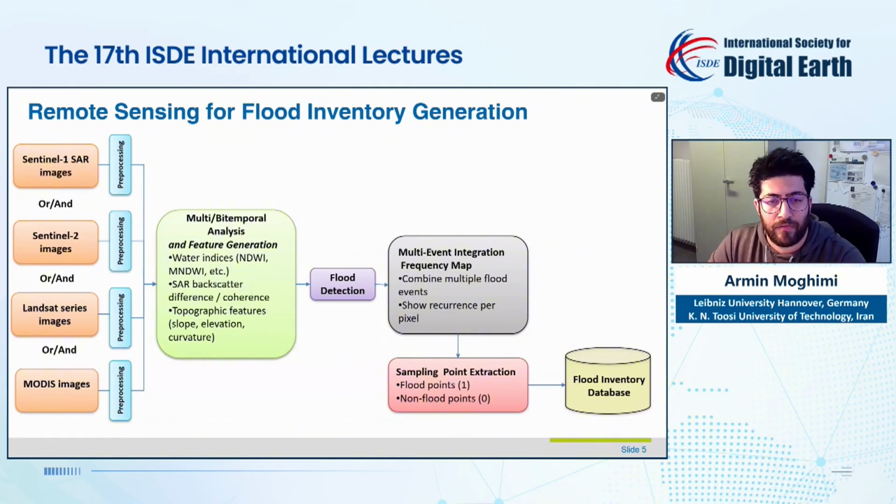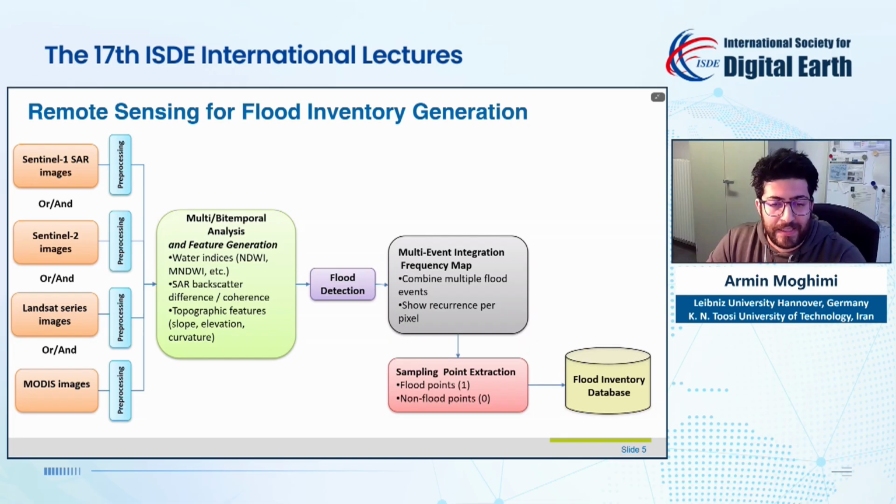Flood detection then follows, often using a thresholding method like Otsu in the traditional workflow. These produce binary flood maps, and when multiple events are analyzed, they can be aggregated into a flood frequency map. From this map, we then sample flood and non-flood points, which form the flood inventory database used for susceptibility modeling.